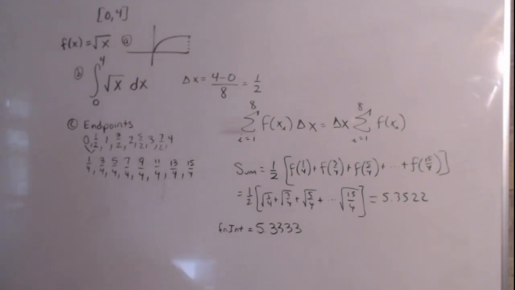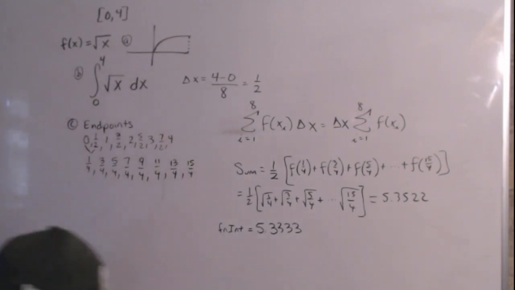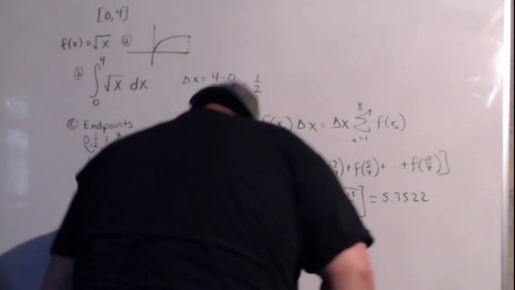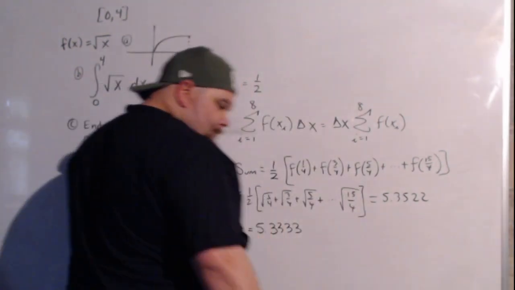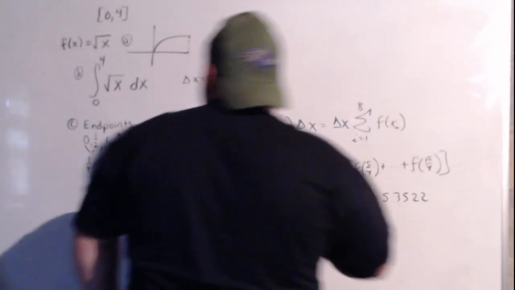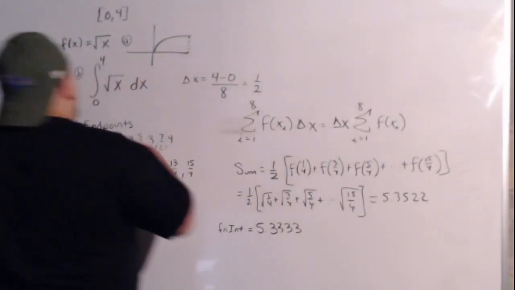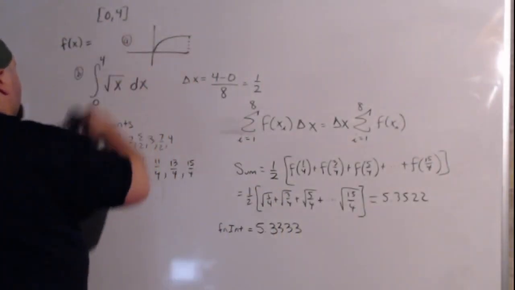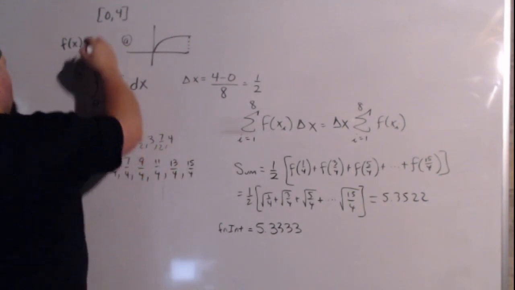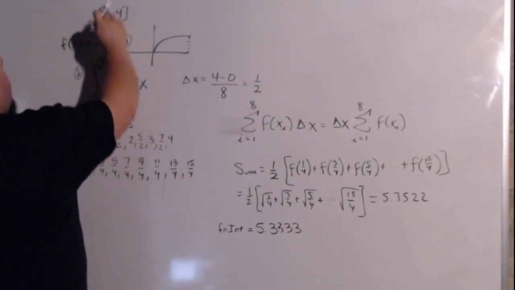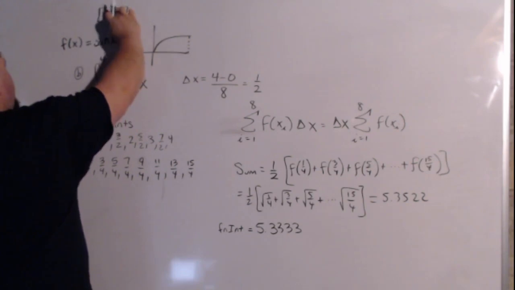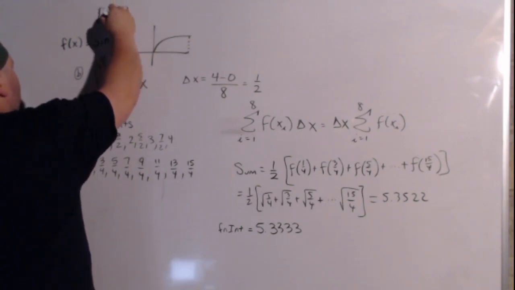So there's another example, and it says to do this for sine of x. So same process. My function is now sine of x. My interval is 0 to pi over 2.